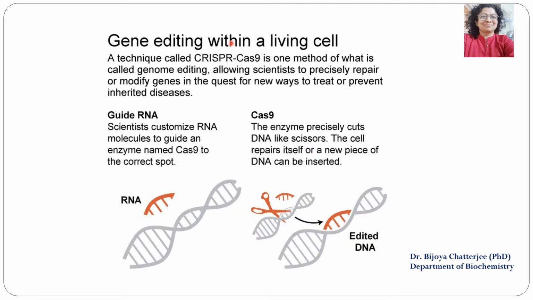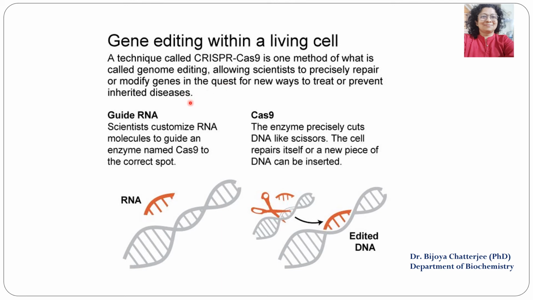So gene editing within a living cell is basically a technique where CRISPR-Cas9 is one of the methods used for genome editing. It allows the scientist to precisely repair or modify the genes in the quest for new ways to treat or prevent inherited diseases.